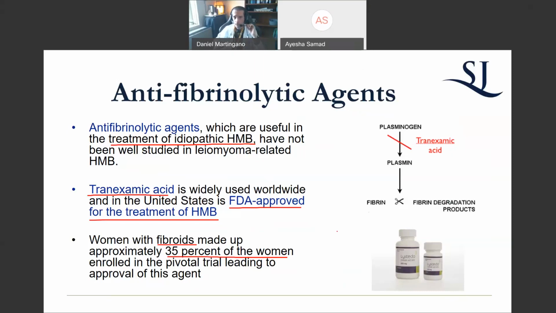Or what some places will do is give it preoperatively in cases where you are suspecting a postpartum hemorrhage based upon certain risk factors, or even just to mitigate surgical blood loss at time of cesarean delivery. So it's a good medicine to become familiar with.